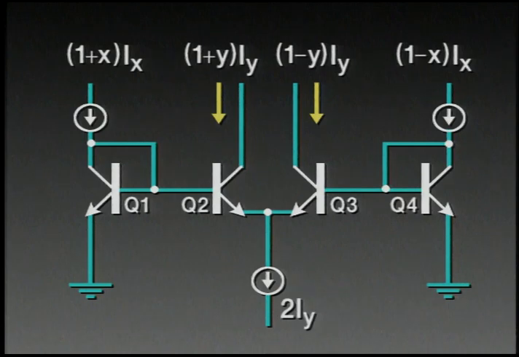Now let's look at a type A circuit again. Here we have two diode connected transistors on the outside and a simple differential pair in the center. Now this circuit has a very interesting property which leads me to call it a beta immune circuit. I'll explain what I mean in just a moment.